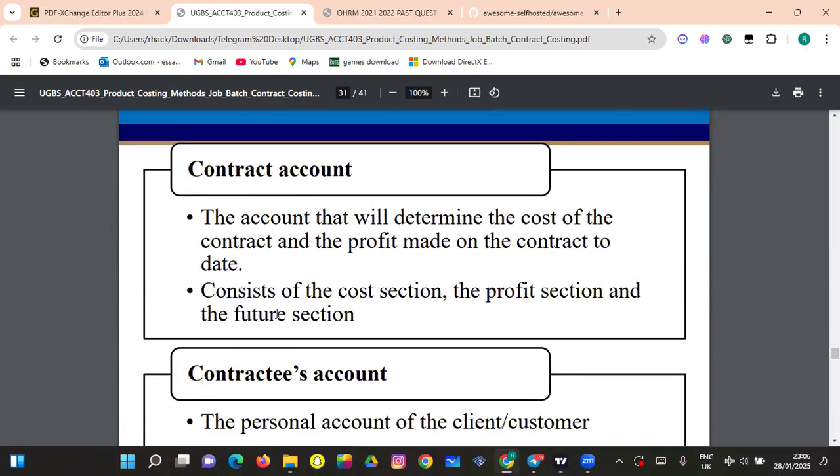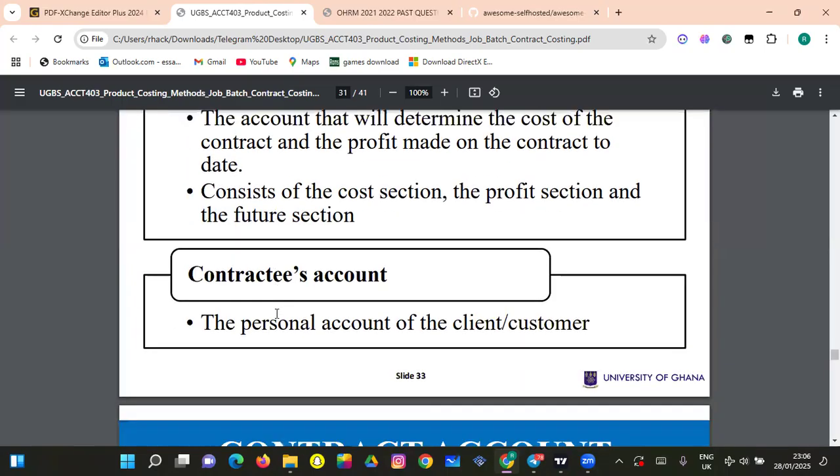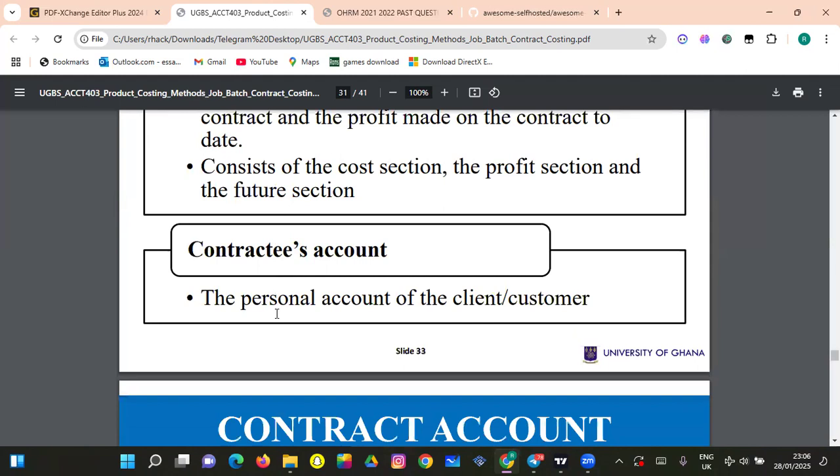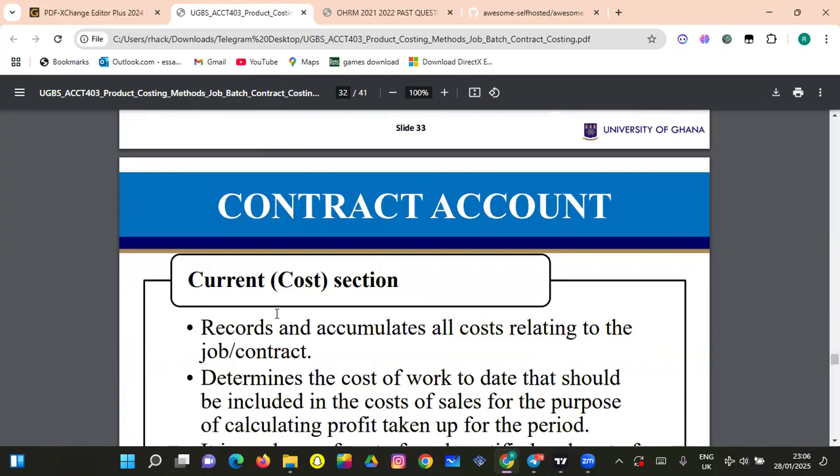The contract account is the account that will determine the cost of the contract and the profits made on the contract to date. It consists of the cost section, the profit section, and also the future section. The contractee's account is the personal account of the client.